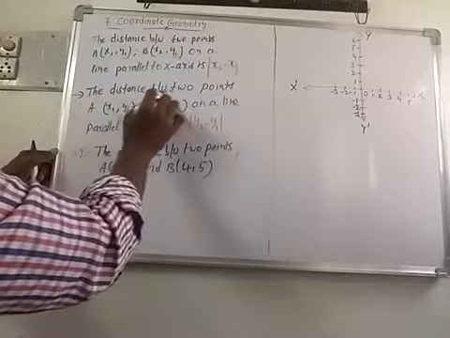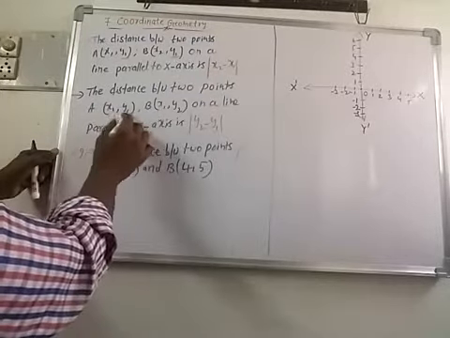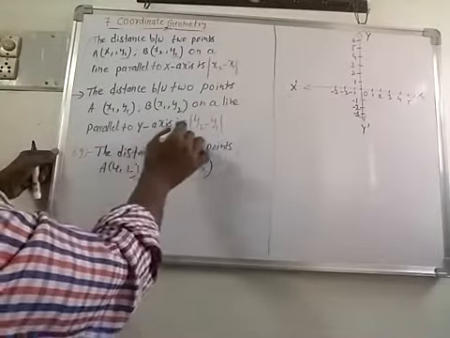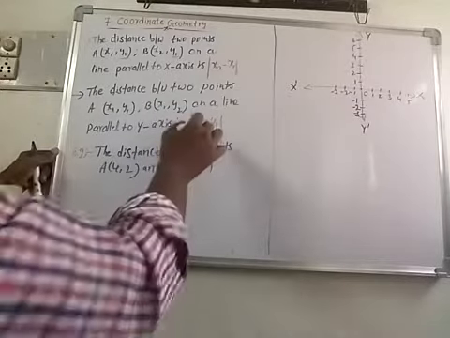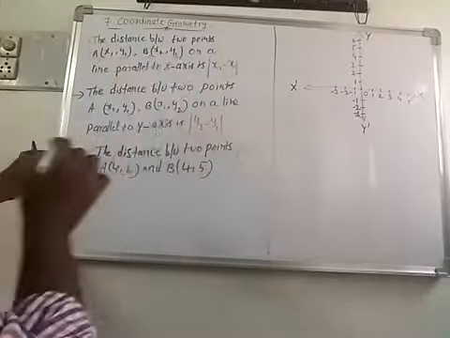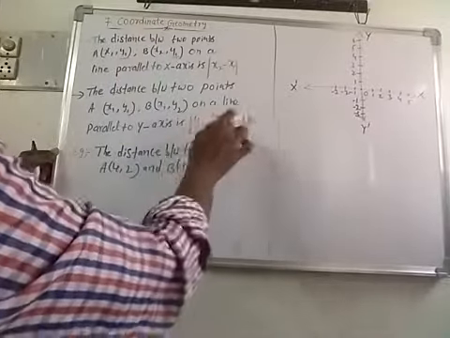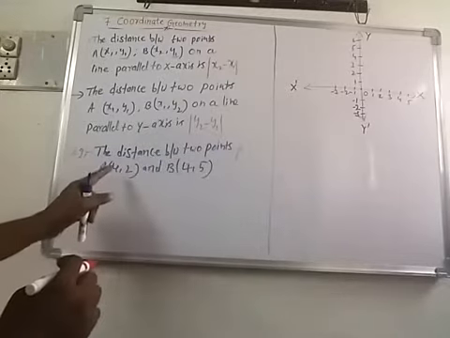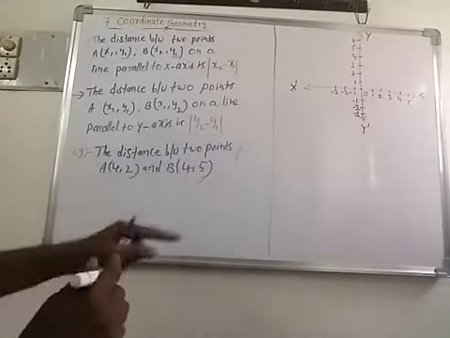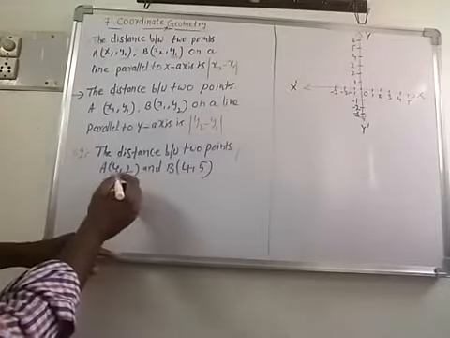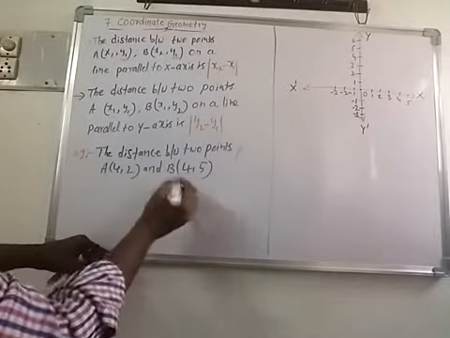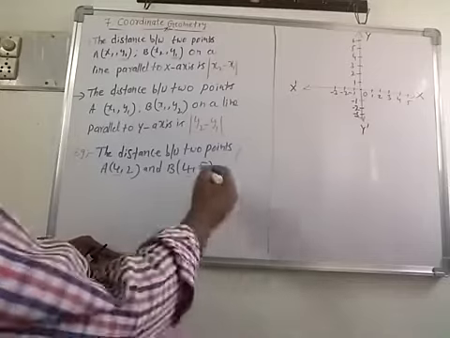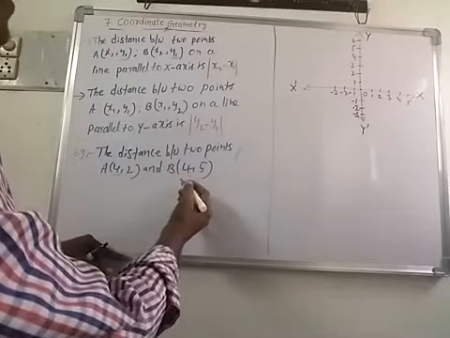And also the distance between 2 points A (x1, y1) and B (x1, y2) on a line parallel to the y-axis is the modulus of y2 minus y1. For example, the distance between 2 points A (4, 2) and B (4, 5). Here you observe x coordinates are equal, so it is parallel to the y-axis.